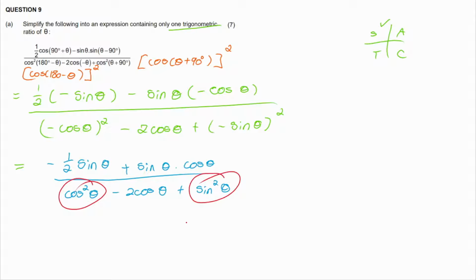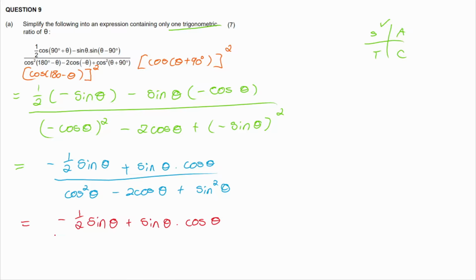So what that will give us is just 1, right? Because remember, cos squared theta plus sine squared theta is just 1. Okay, so we're going to get -1/2 sine theta plus sine theta times cos theta over 1 minus 2 cos theta. Okay, I'm going to start working over here.